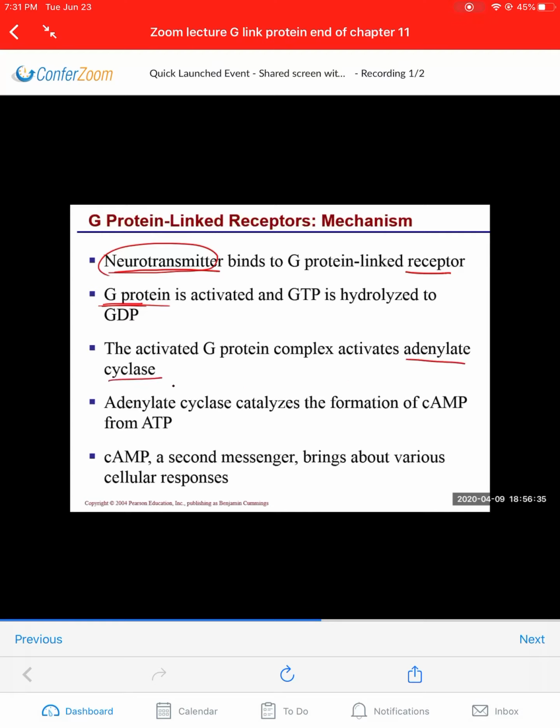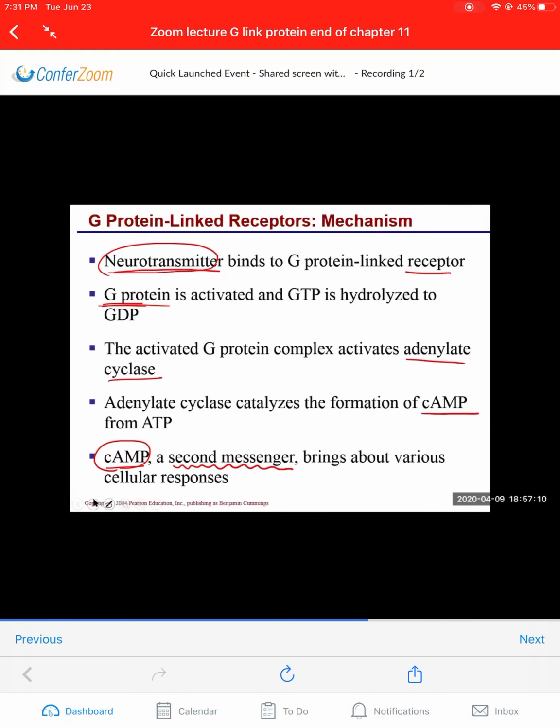Adenylate cyclase is an enzyme that can break down ATP into what's known as cyclic AMP. In other words, you break two of the bonds, and then the molecule reshapes into adenosine monophosphate because two phosphates are already separated. This causes cyclic AMP to do a particular cellular response, and therefore this cyclic AMP is known as a second messenger.